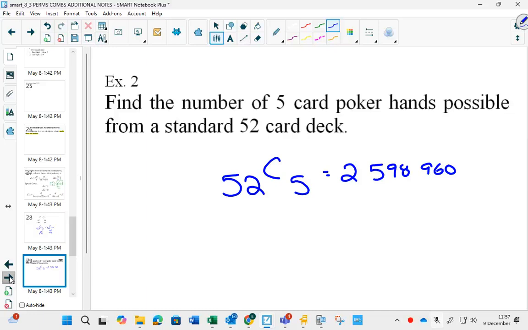We'll actually take some time, not today, we'll run out of time, to figure out why some poker hands are worth more than others, and what your chances are of getting something compared to something else.